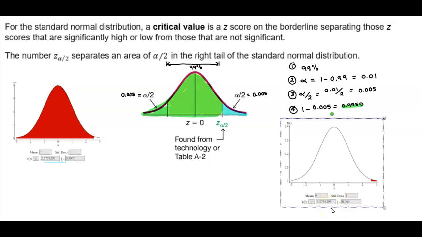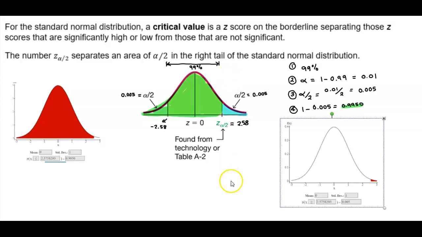That critical value is the same thing as a z-score, as we stated before. If we round it to 2 decimal places, we get 2.58. We're concerned with the positive value, but the other one would be the negative version of that, so that would be negative 2.58.